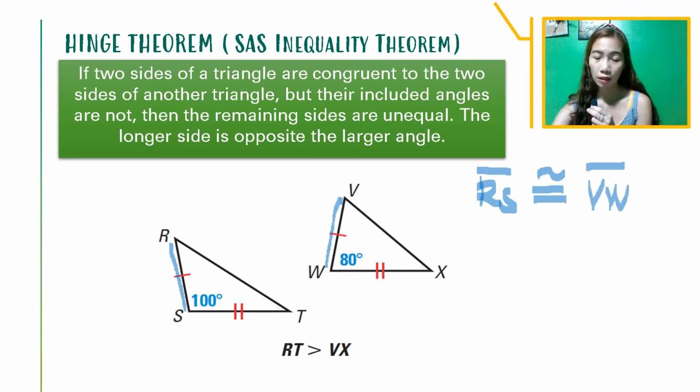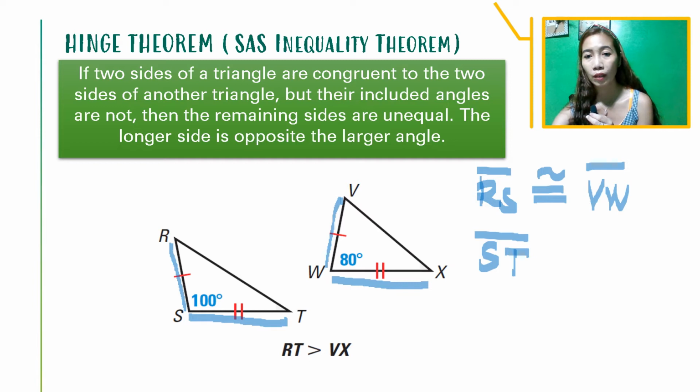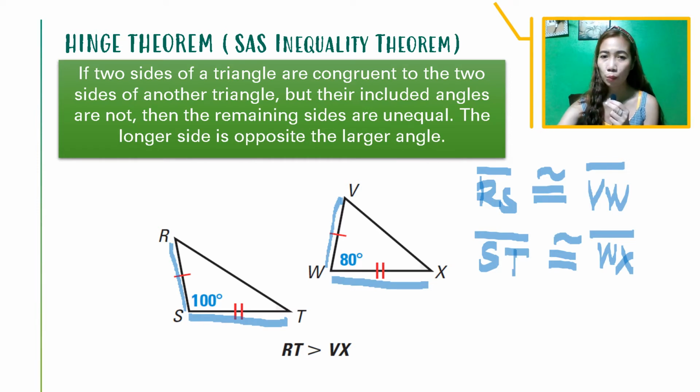And the other side, sabi nga, two sides of a triangle are congruent to the two sides of the other. Next, ito namang side na to, side ST, of course, congruent siya with side WX. So side ST is congruent to WX. But their included angles are not.